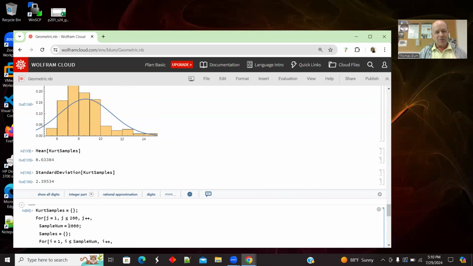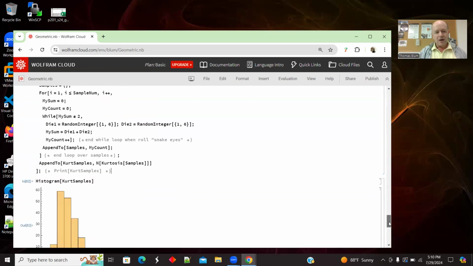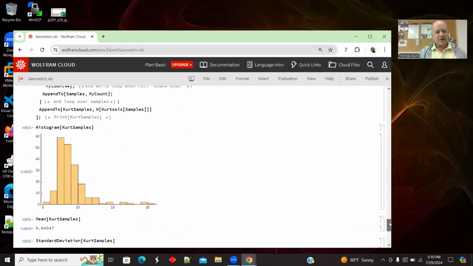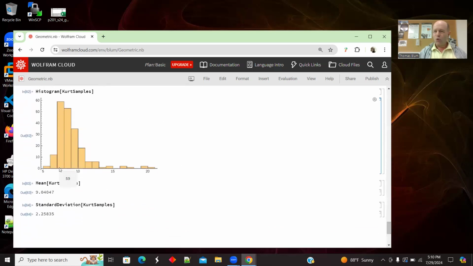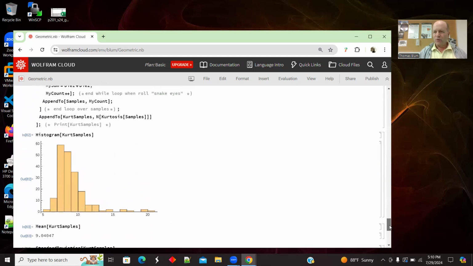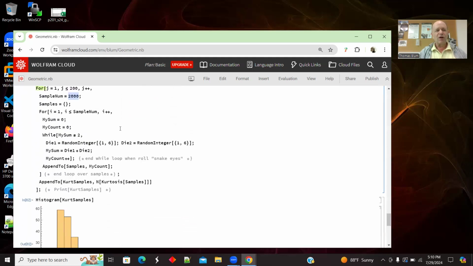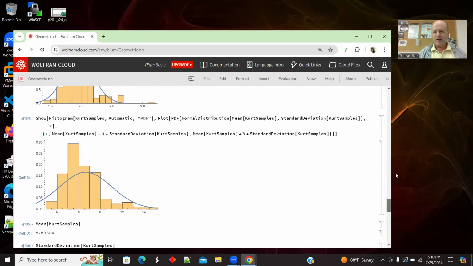I started to up the number of samples, but I'm probably going to stop here because I wanted to watch it approach that as my number of samples got bigger. It should be more sharply peaked around the answer. But I was reaching the point where it was pushing Mathematica to its limits. I'm working with the free version, so it was pushing the limit of what it would do for me for free. So I think I will end there.